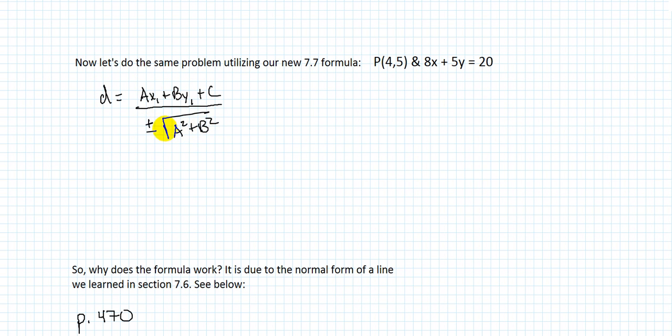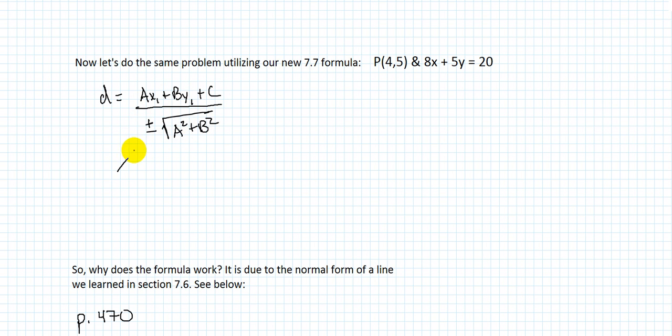And I make mistakes on this all the time. I actually had to do a problem like 4 or 5 times because I kept on putting the x in for the a and the y in for the b and messing this up. So you got to be really careful that you have ax1 plus by1 plus c over here.